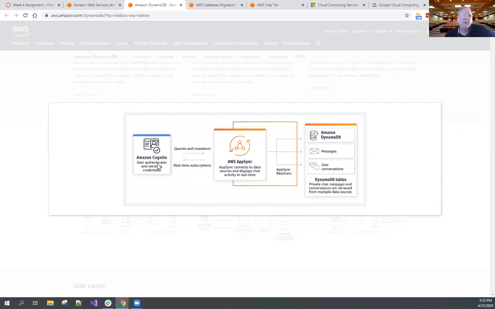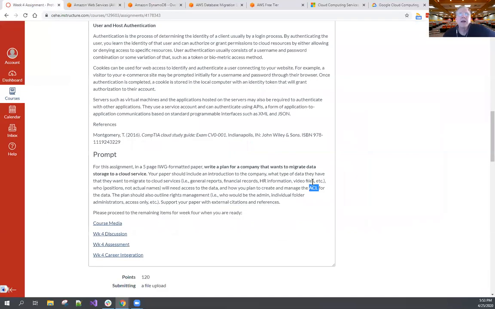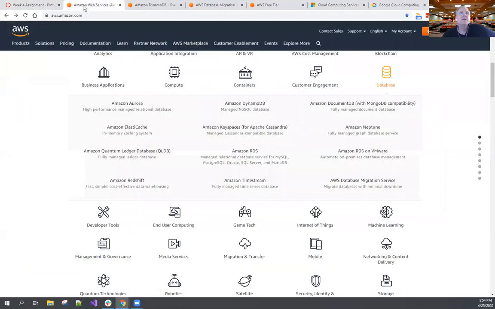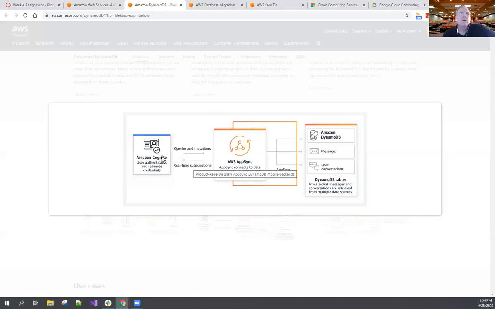And then Amazon Cognito, user authentication, retrieves credentials. So that's kind of interesting. It's pertinent to our assignment a little bit when we talk about ACLs, rights management, authentication. So that might be a consideration.